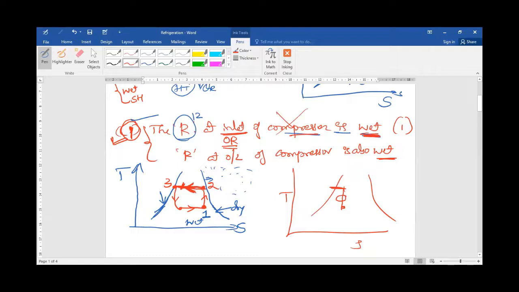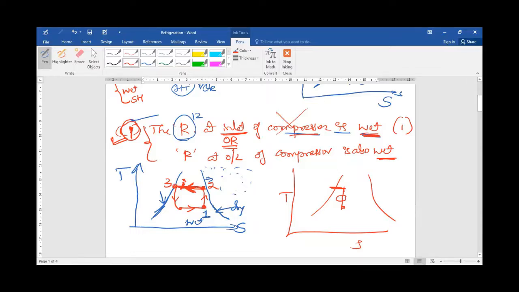What is the condition? If the refrigerant at outlet of condenser is wet, where should I stop? I should stop here only because it is wet. Up to here it is wet. Otherwise, he will use a condition that the condition of the refrigerant at outlet of the condenser is liquid.